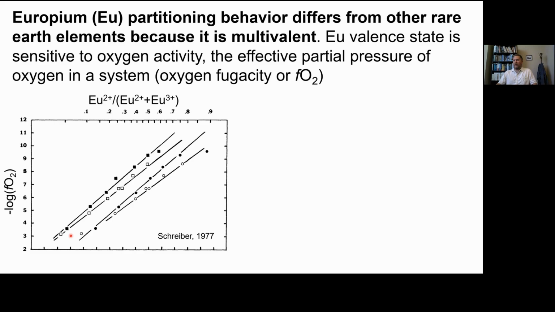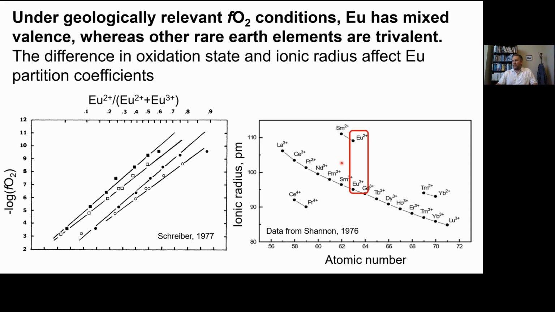So I guess I should just briefly mention that oxygen fugacity is an important term you're going to hear throughout the talk, and that's the effective partial pressure of oxygen in the system, and it's often abbreviated as fO2. Okay, so europium speciation is fO2 dependent, and that affects the ionic radius of europium.